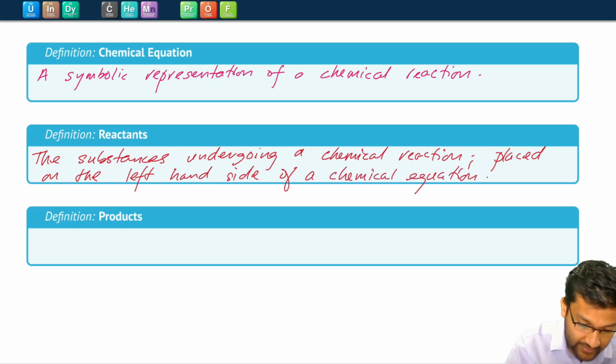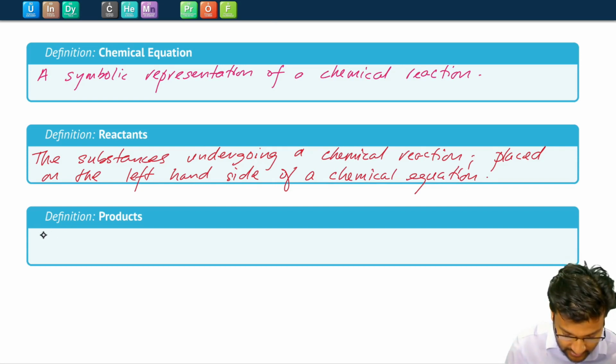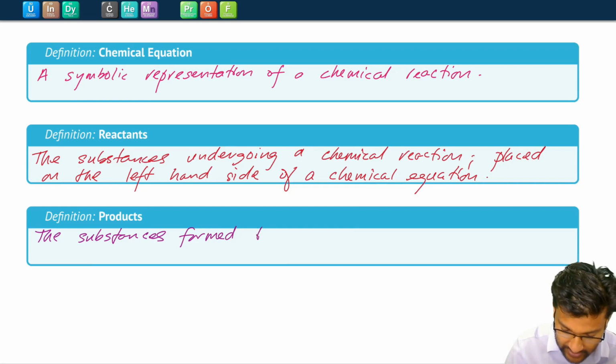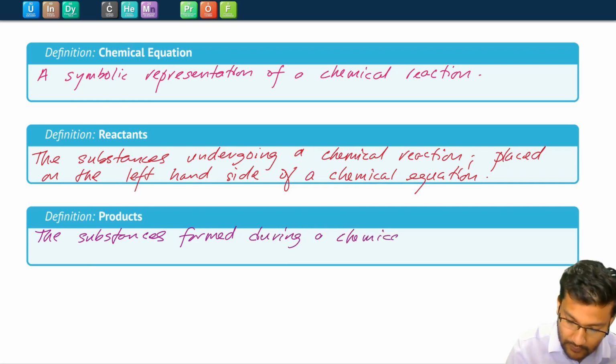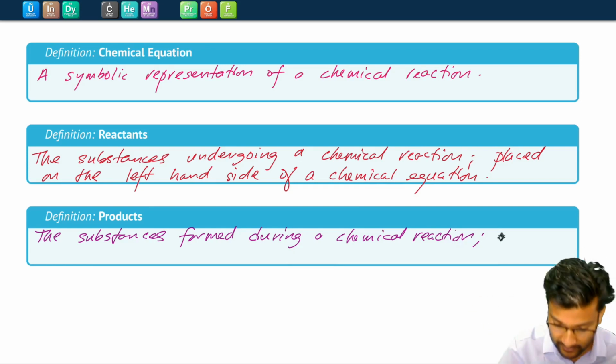On the other hand, products are the substances formed during a chemical reaction, and in a chemical equation they're placed on the right-hand side.